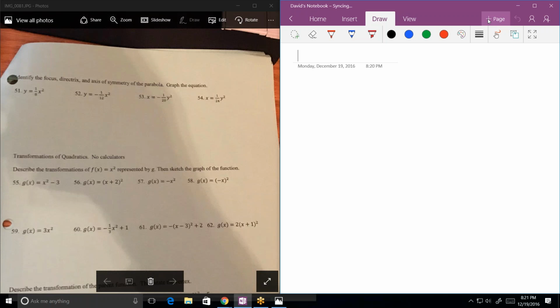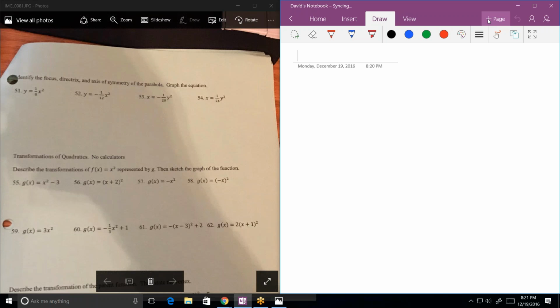And it's a stretch because the number is greater than 1. If the number was 1/2, it'd be a shrink. That's why stretches and shrinks go together. Stretches and shrinks are merely a coefficient of the x squared term. It's a stretch if it's greater than 1, a shrink if it's less than 1.